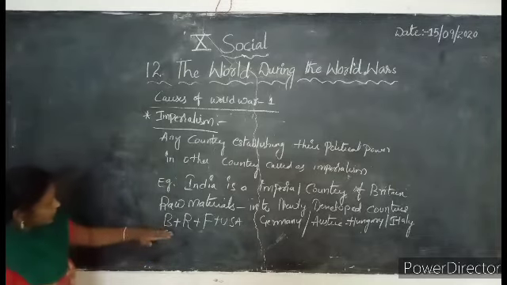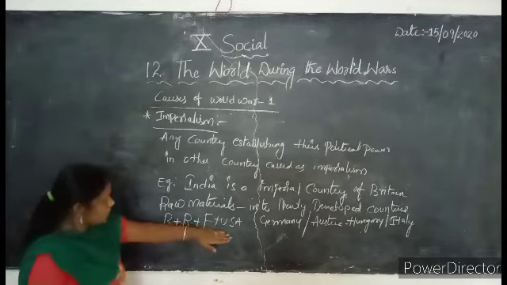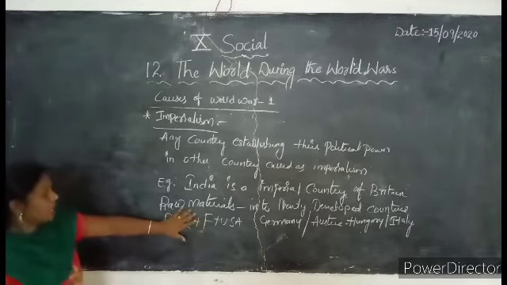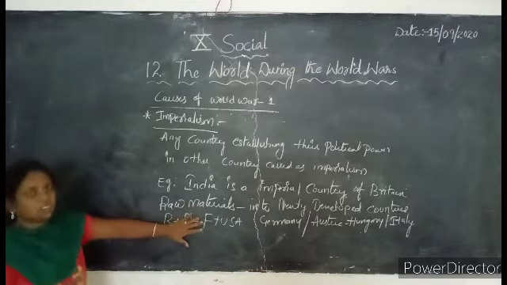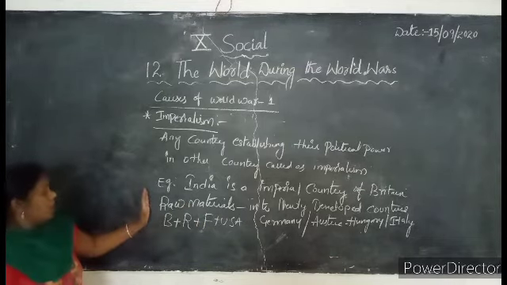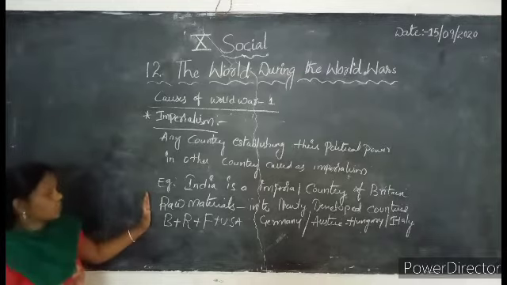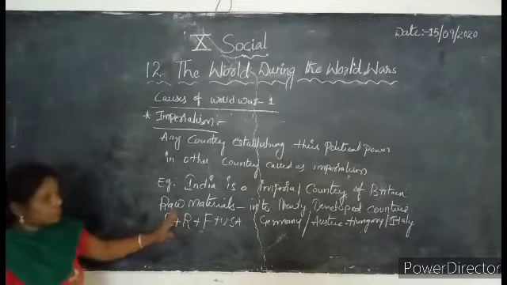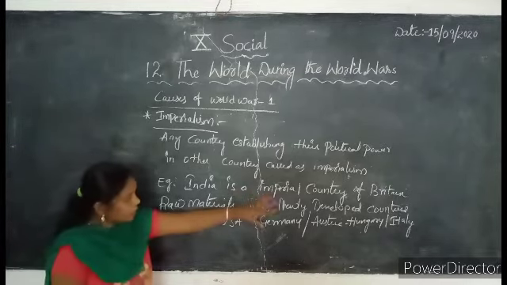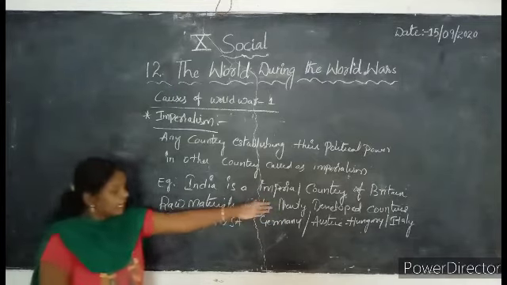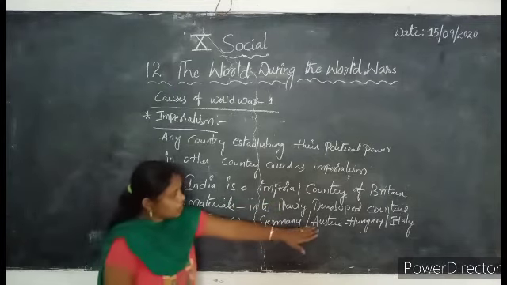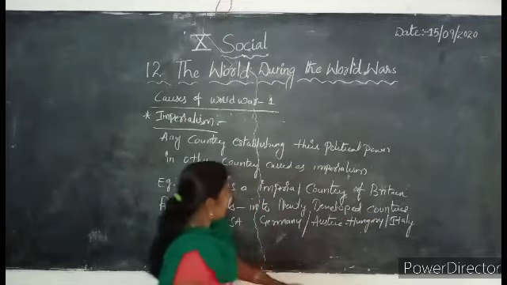These developed countries were having so many industries. So in order to make their industries successful, they required what? Raw materials. So they started entering into the newly developed countries like Germany, Austria-Hungary and Italy.